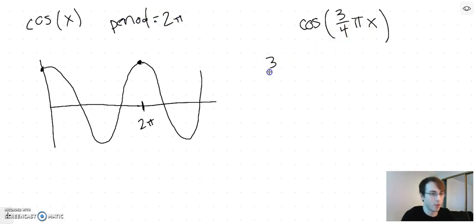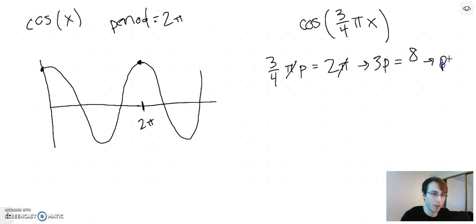Well, we say 3/4 pi times the period has to equal 2 pi. And then we just solve. Then we get 3p equals 2 times 4, which is 8, and then p equals 8/3.